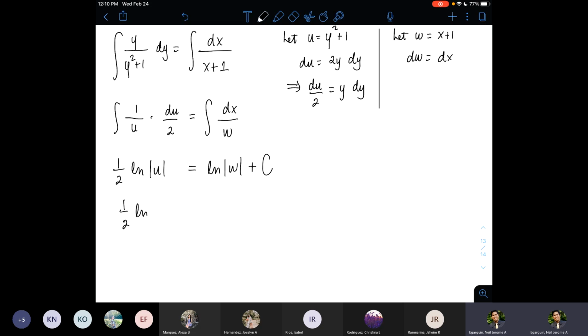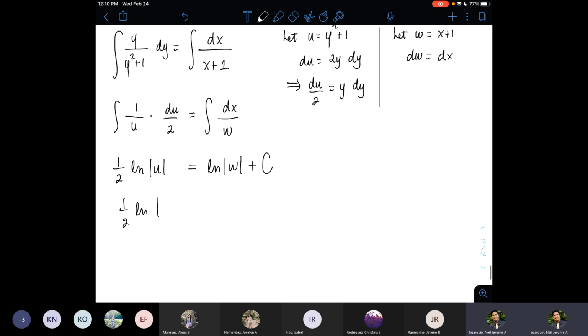And then let's revert to the original variables. I'll have 1/2 ln of the absolute value of y squared plus 1. But I'm sure that y squared plus 1 is always positive, so I can get rid of the absolute value symbols and just use parentheses instead. But if you don't want to analyze it more, you can just leave the absolute value there. That's a safe bet.